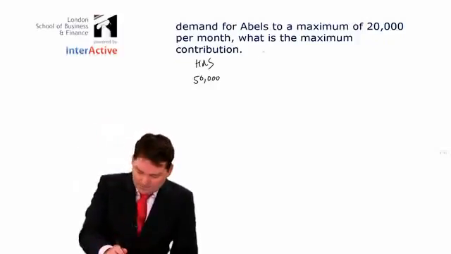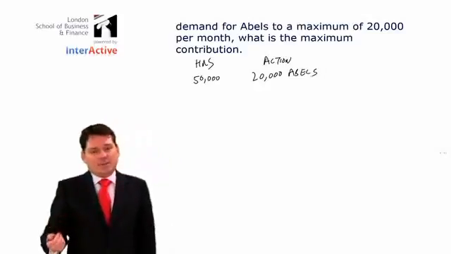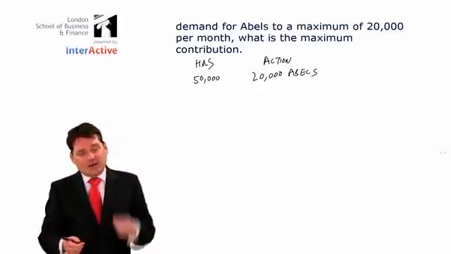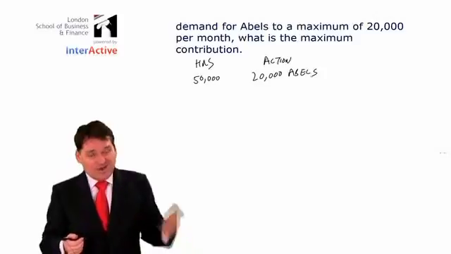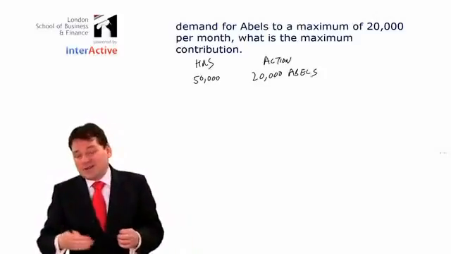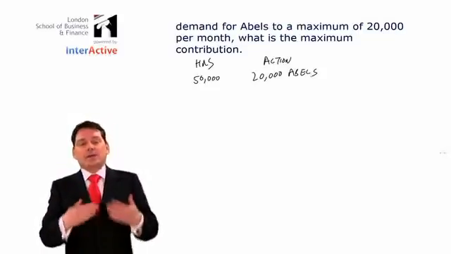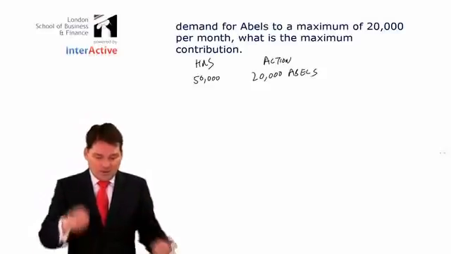What do we do with them? We make 20,000 Ables. Able is better than Baker. Make as many as you can. I'd like to make 50,000, but I can't. I can only make 20,000. Well, I suppose I could make more, but it would be pointless because I can't sell them. So I might as well only make 20,000 because that's all I can sell.